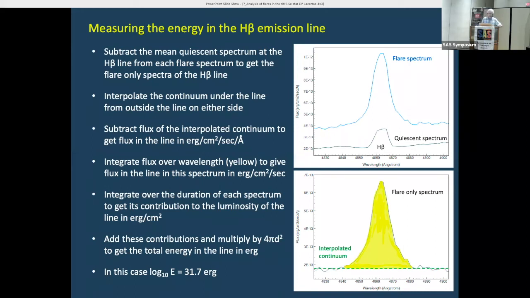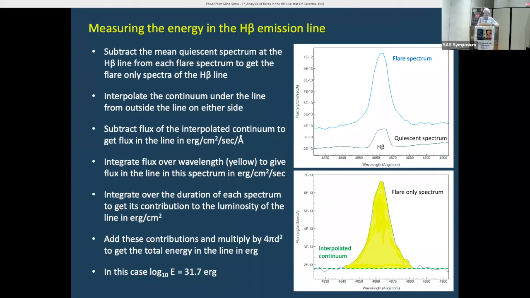What we also want to be able to do is, because these spectra are calibrated in flux, we can start looking at the energy in the individual emission lines being produced. So in the plot on the upper right, we've got at the bottom the quiescent spectrum around the hydrogen beta line, and above it, what happens during the flare. The line rises substantially.